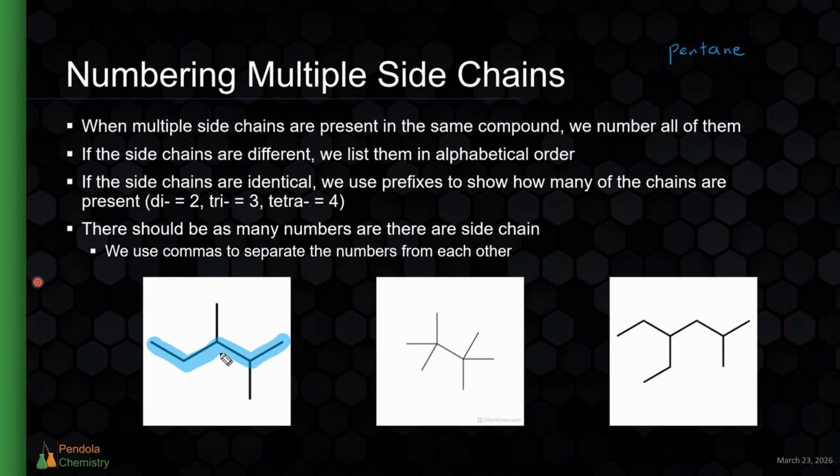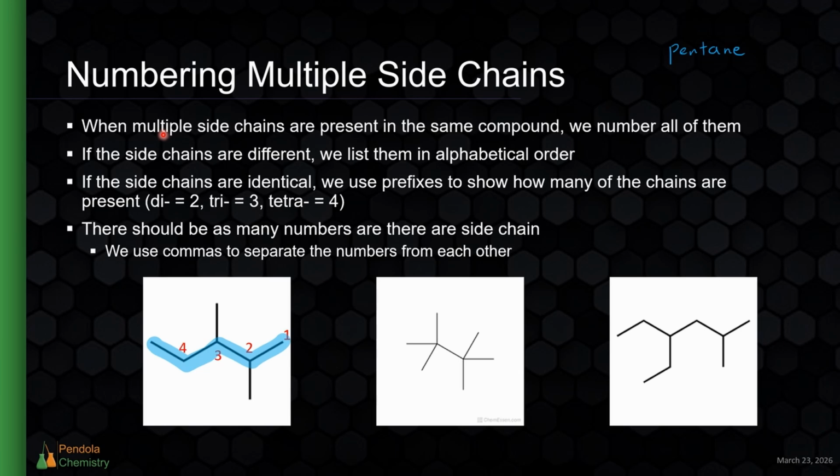So now that we have the pentane, we need to number this. We have two choices. We can go left to right or right to left. If we start left to right, 1, 2, 3, 4, 5, then our side chains will end up on carbons 3 and 4. So that's not the proper way to number this. Instead, we are going to go from right to left.